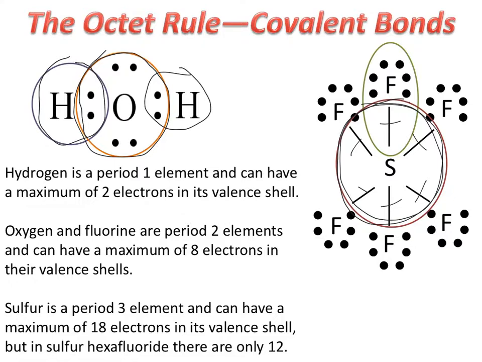With 2 electrons in each bond, that's a total of 12 electrons. Being in the third period of the periodic table, as previously indicated, the sulfur can have up to 18 total electrons in its valence shell. It doesn't have to have 18, but it can definitely hold more than 8 according to the octet rule.